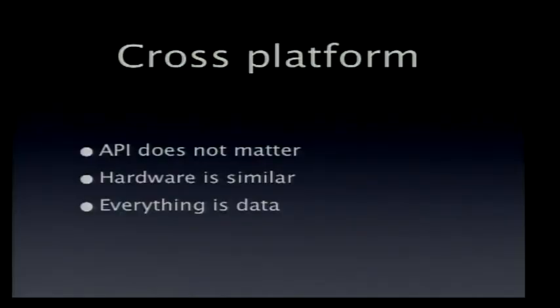But it's actually not so hard to support multiple platforms, especially if those platforms have similar hardware. All your game does is it contains some data, which is like textures, which are a bunch of pixels, and meshes, which are a bunch of vertex data.